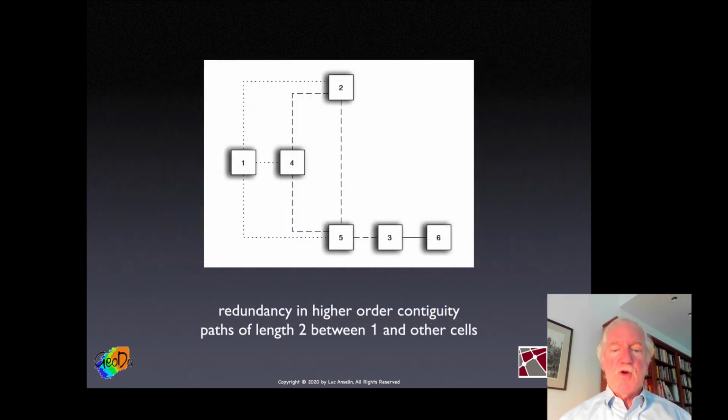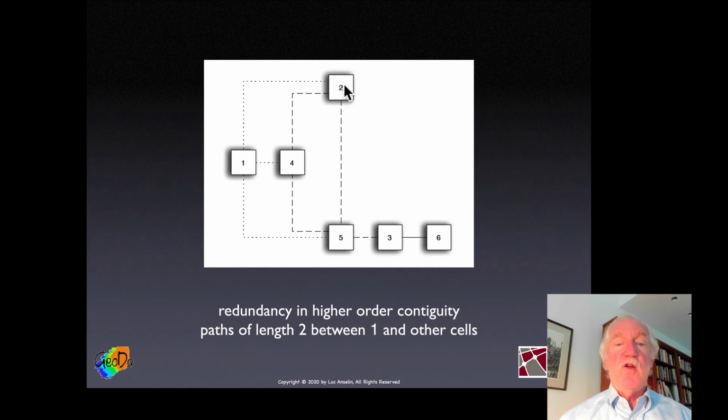Let's look at this a little more closely, and let's look at all the paths in the network between our node number one, our cell number one, and all the other cells. Here's something you might not have thought about, but remember, I am my neighbor's neighbor. If you go from 1 to 2 in one step, you go back in another step, and there's our 2 steps. So 1 is a second order neighbor of itself. 2 is a second order neighbor of 1 if we go via 4, or if we go via 5.